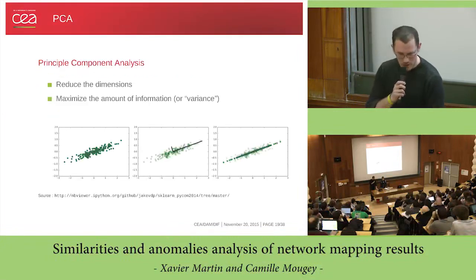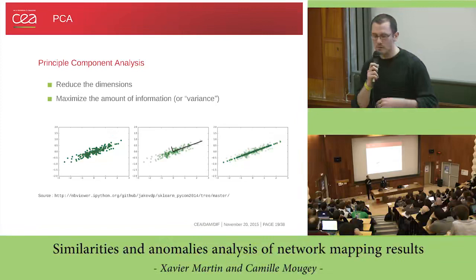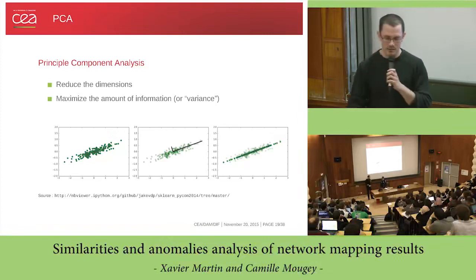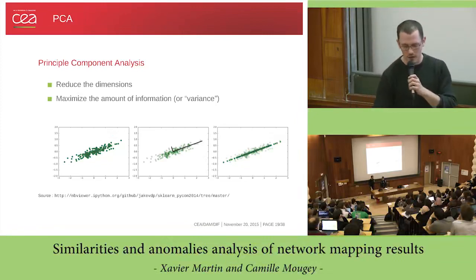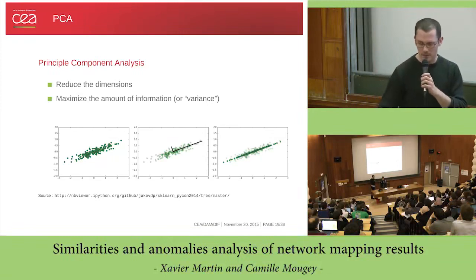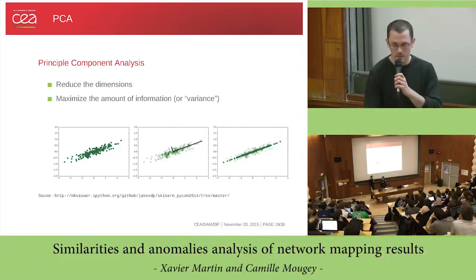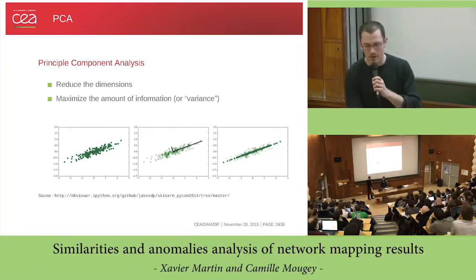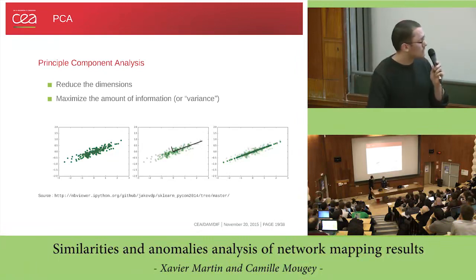So the first algorithm we will speak about is the principal component analysis. It's about representing data in high dimension and getting them back in lower dimension. And by doing that, you want to lose as little information, or variance, as possible. Here's an example. You have a two-dimensional data set.